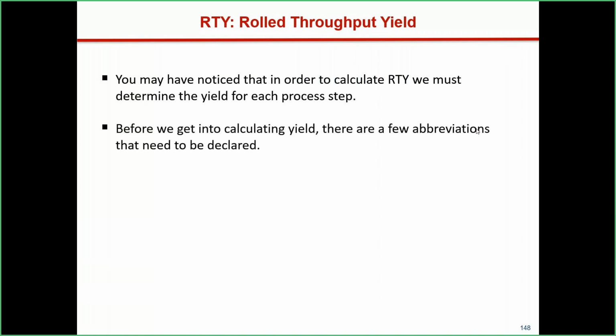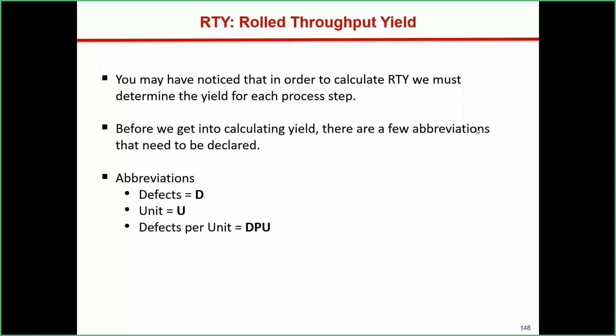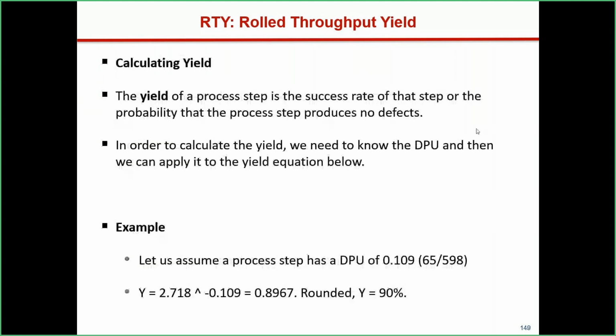Before we get into calculating yield, there are a few abbreviations that we need to declare. Defects is capital D, unit is capital U, defects per unit is DPU, and yield is Y. Then there is a mathematical constant that has to be used across, that is E, which is 2.71828.